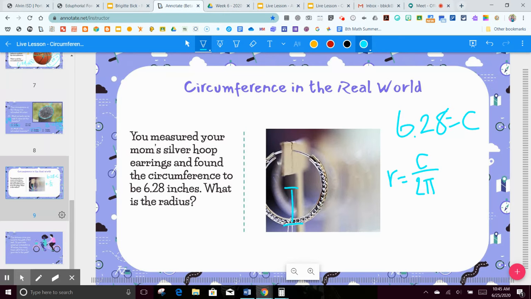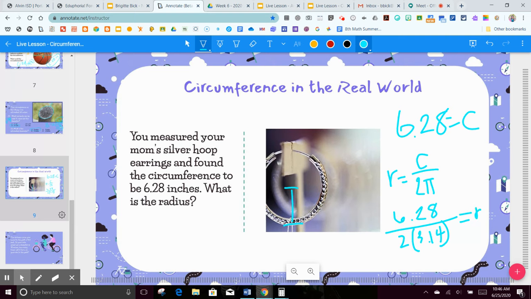Okay, they gave us the C as 6.28, and we're going to divide that by 2 times 3.14. Okay, so we're going to go ahead and simplify the denominator because a fraction bar is the same thing as a grouping symbol. So you want to complete the numerator and the denominator first before you divide.